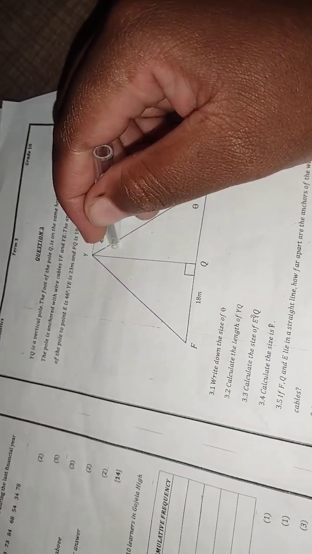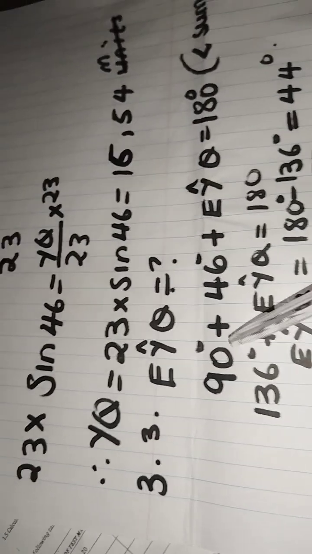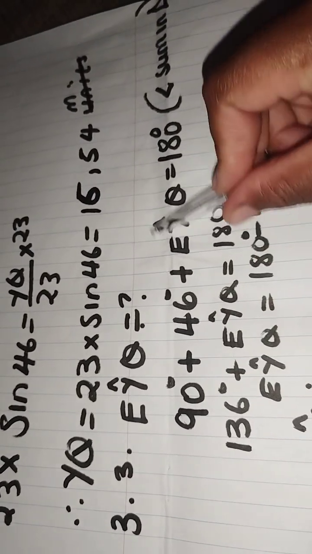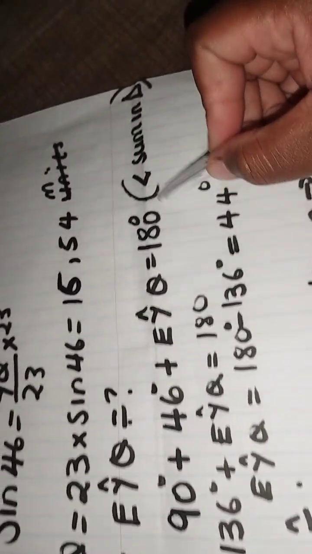So for me to get this one, I simply need to say the sum of angles in a triangle add up to 180. So this angle is 90, this one is 46. So 90 plus 46 plus this angle must give you 180. So this is the solution. 90 plus 46 plus this angle is equals to 180.